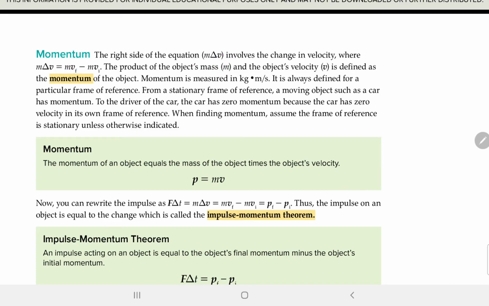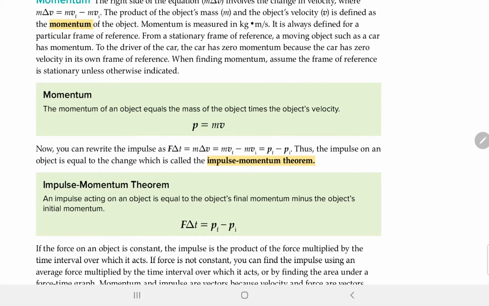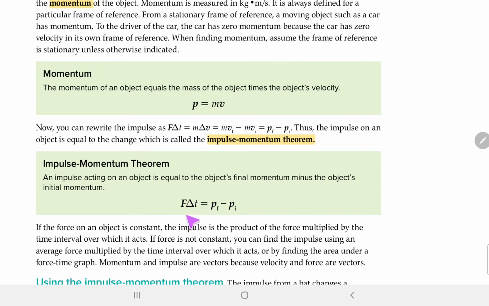This is the momentum, the law of momentum. We can write the equation as P equals mv, and we can write the impulse momentum theorem as F delta t equals P final minus P initial.